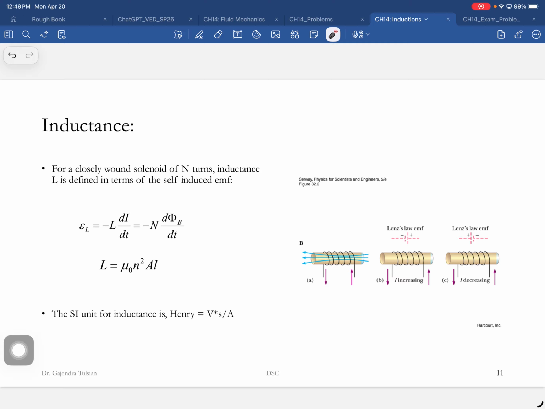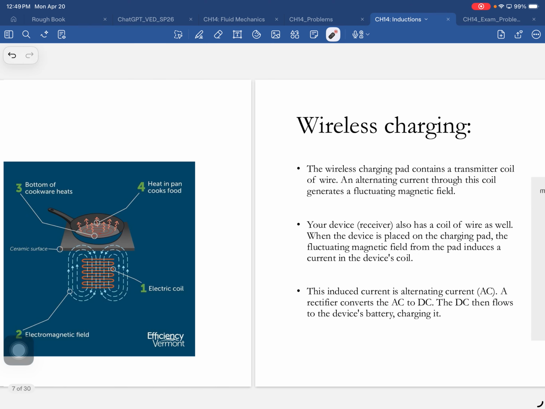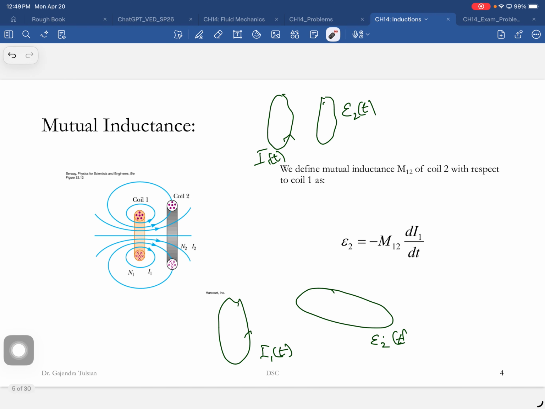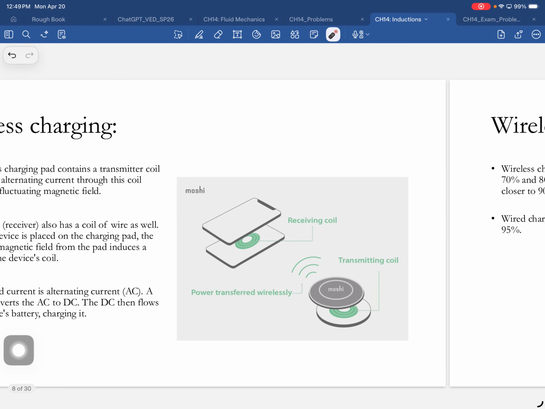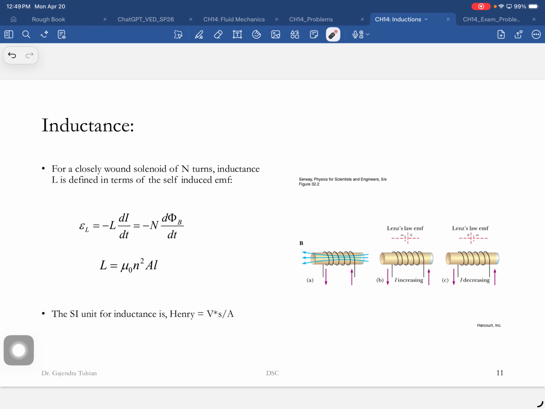And this is self-inductance. This is the induced EMF in the same coil while the current is changing. Mutual inductance was the induced EMF in a neighboring coil due to changes in current in close-by coils. So this is the self-induced EMF.